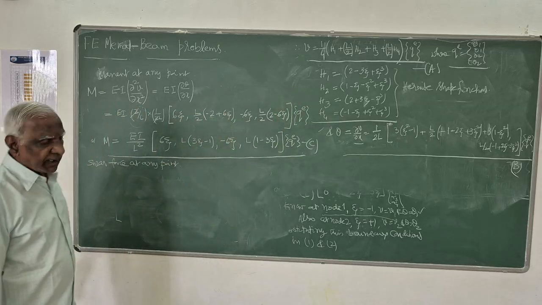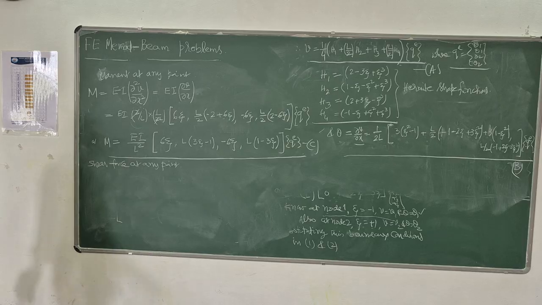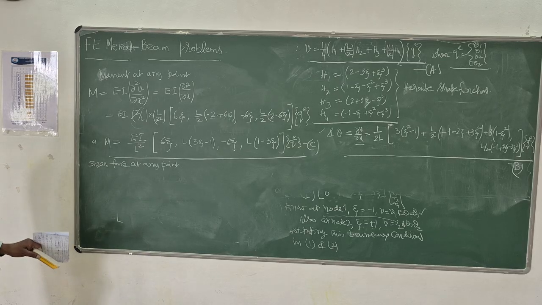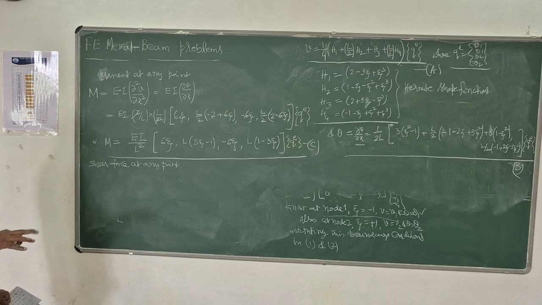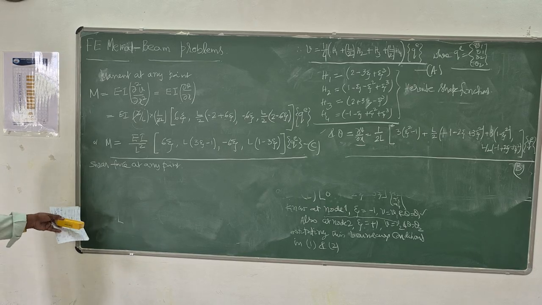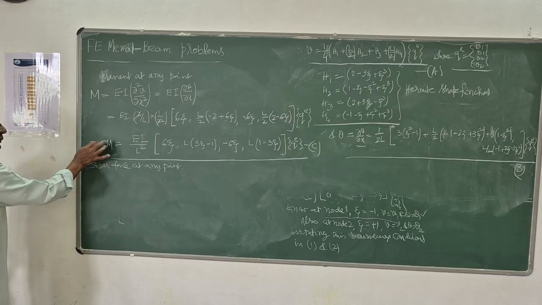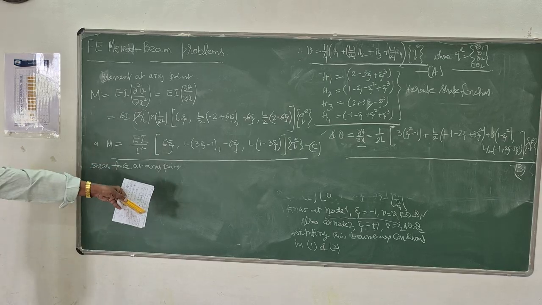Once V and theta are determined, the moment and shear are automatically obtained, and need not be determined separately as we did in the conventional method. This is the basic difference between the finite element method and the conventional method; the only thing is to remember these equations.